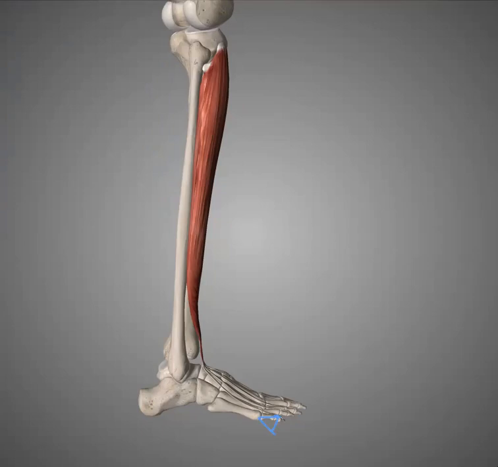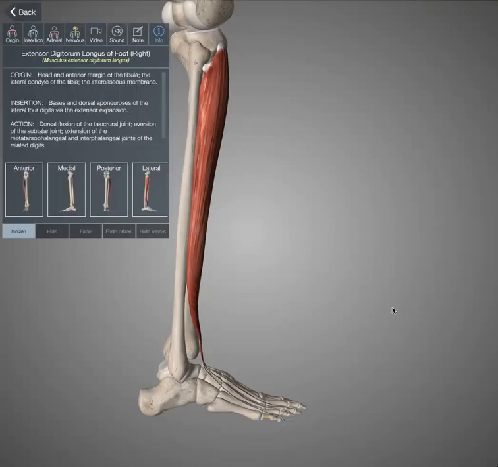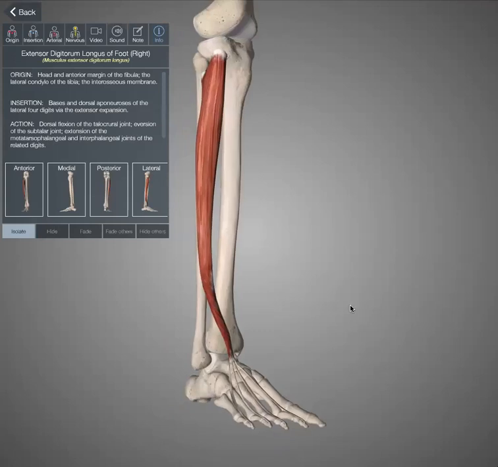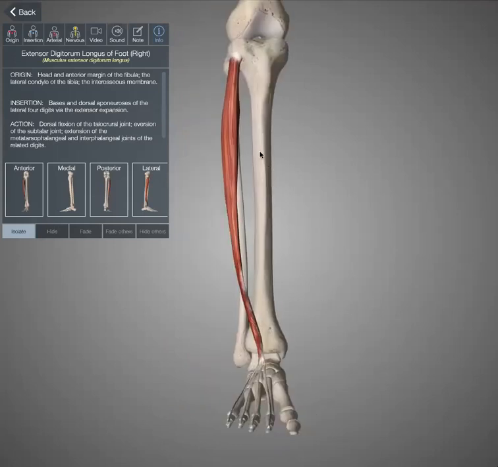Again, wait, let me just draw it again. The start position is here, and the end position is here. And what it does, it extends the toes. Okay, that's the motion of the extensor digitorum longus. It lies deep and laterally to the tibialis anterior, the first muscle we talked about, and it will attach to the lateral four toes.